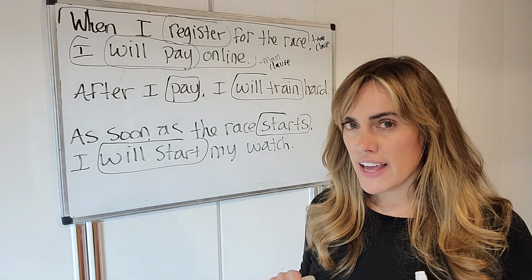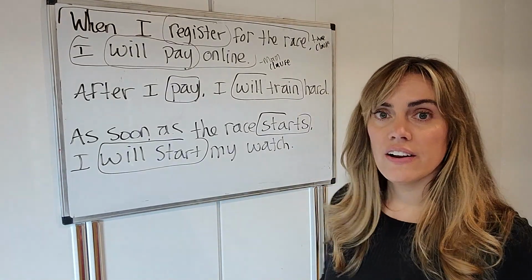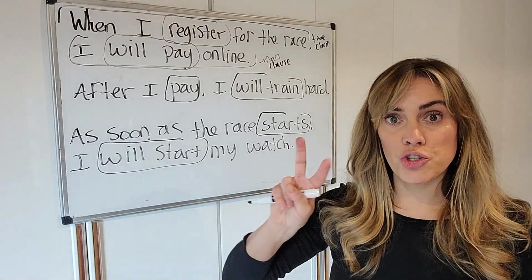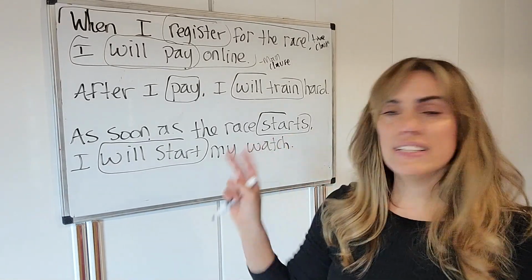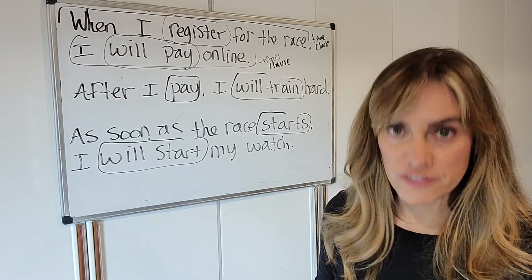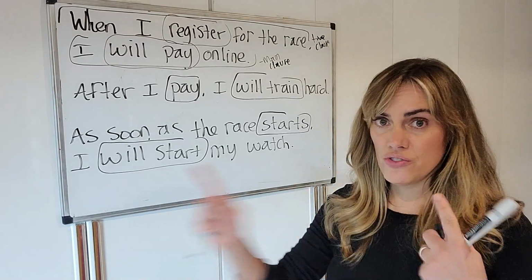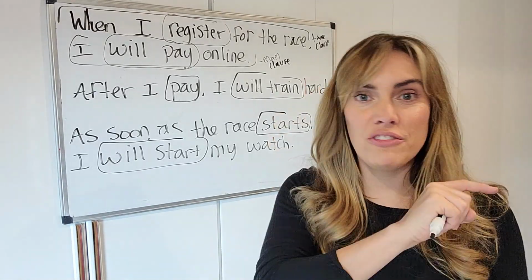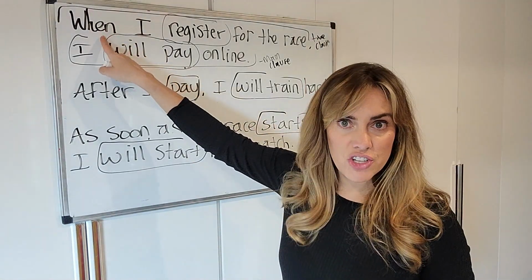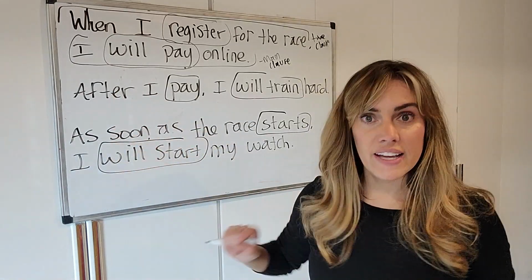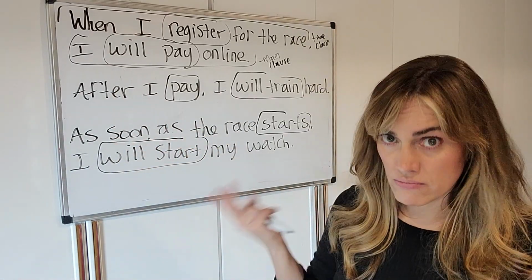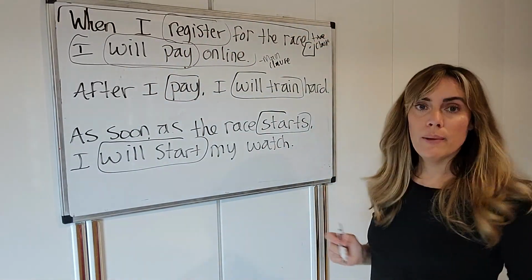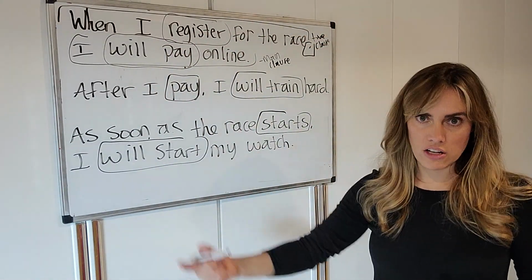Let me say something else while we're here. For all of these sentences, you see there's two clauses. It doesn't matter which one goes first. You can order them however you want. But if your sentence starts with a time word, the time clause, you must have a comma before the next clause.